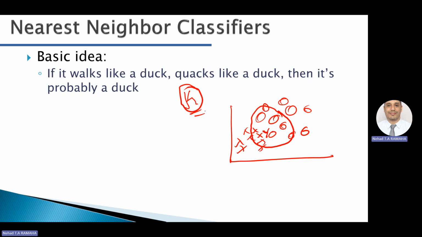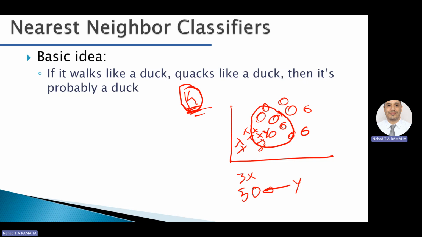Then how many of these K objects will be in the same area with Y? If, for example, in this area we have 1, 2, 3 X, and we have 1, 2, 3, 4, 5 O, then Y will be with O. This is the idea. We will take it step by step.